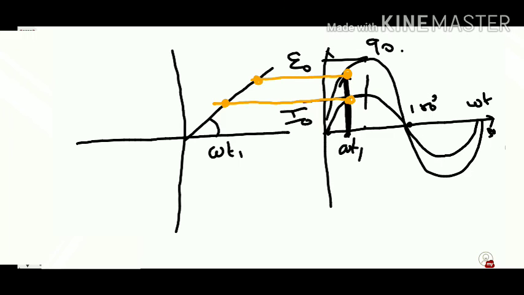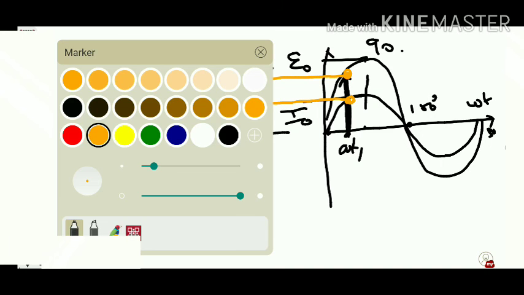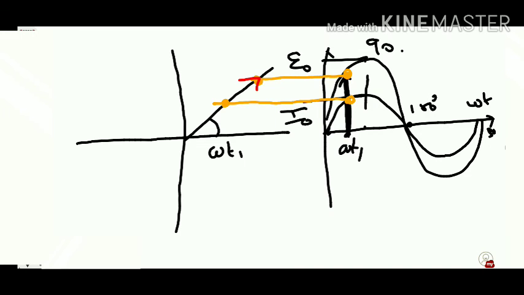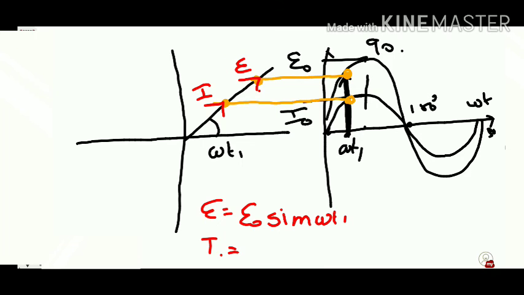So this point is for EMF. Hope this much is clear. So this is epsilon and this is I. And this epsilon can be written as epsilon naught sine omega t1. Similarly, I is equal to I naught sine omega t1.